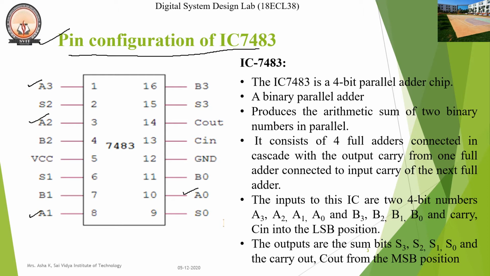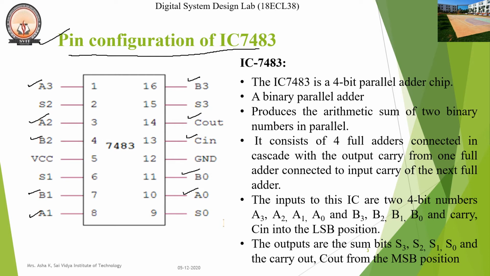The other input for this addition is B3, B2, B1 and B0. The C in bit is the carry input to this addition, whereas C out is the output carry bit after performing the addition.